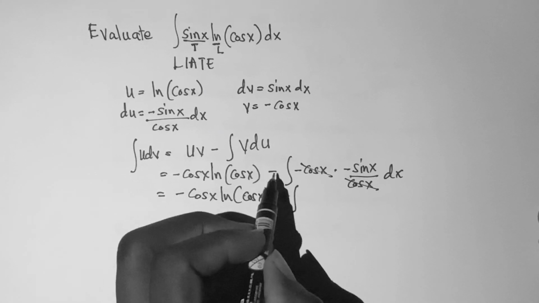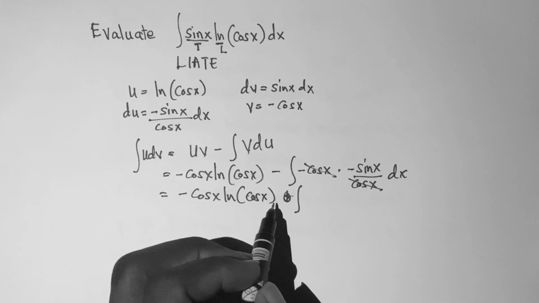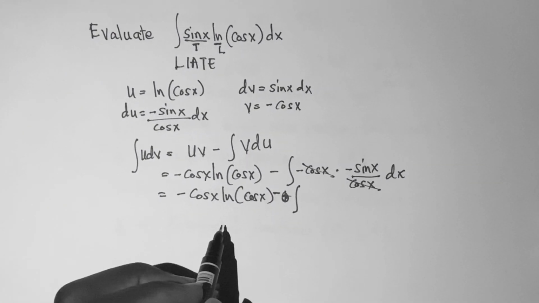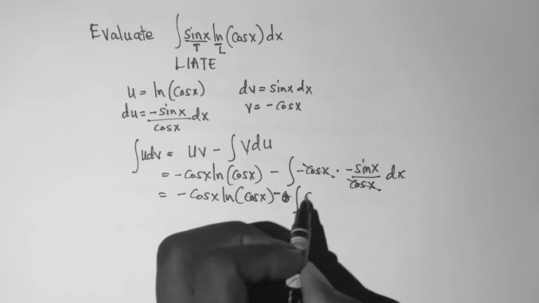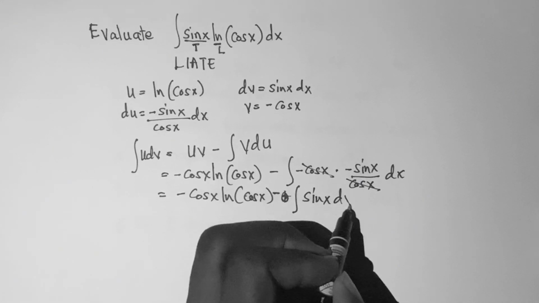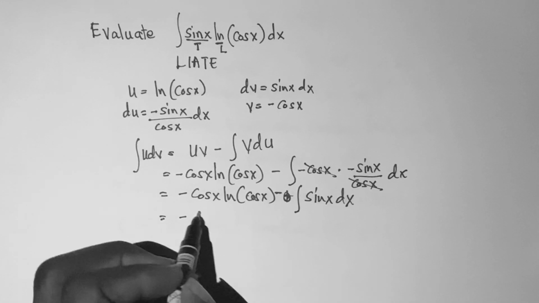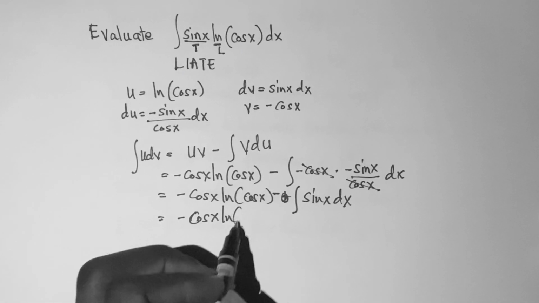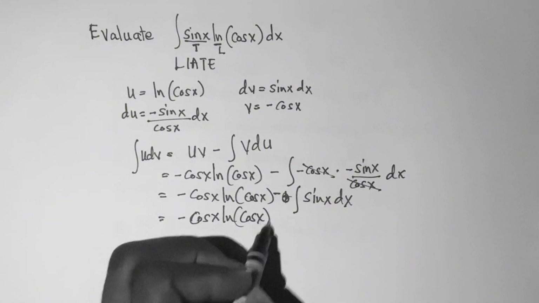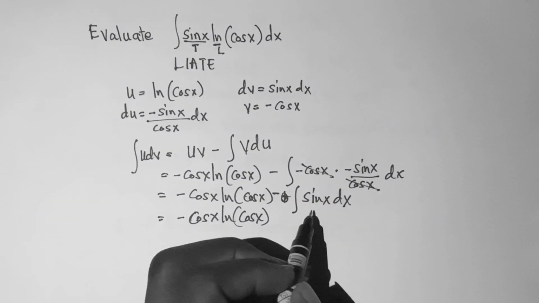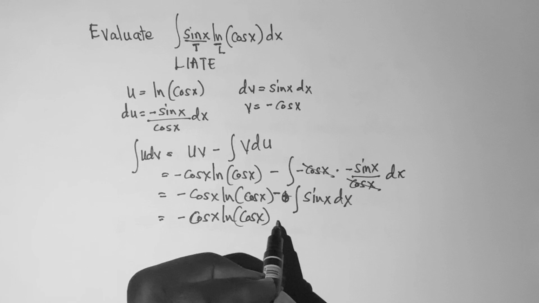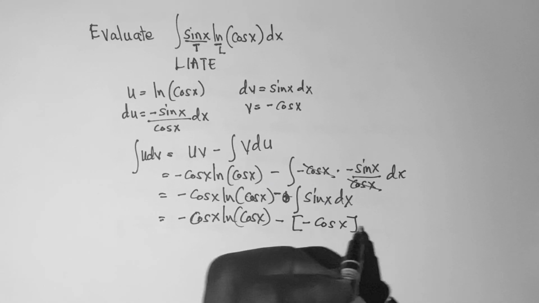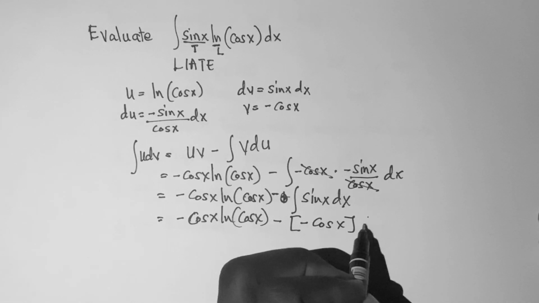Sorry, this minus 1 times minus 1 will give plus 1, but there's already a minus here, so minus the integral of sine x dx. So this is equal to minus cos x natural log of cos x. And now if you integrate sine, you get minus cos. So you get minus into bracket minus cos x plus the constant of integration, so plus c.